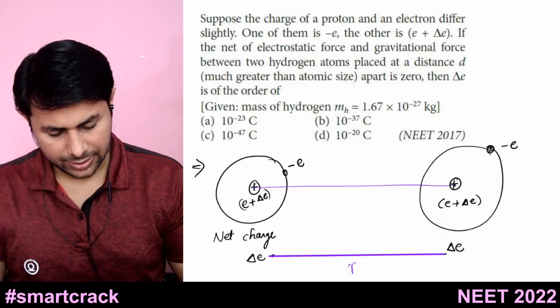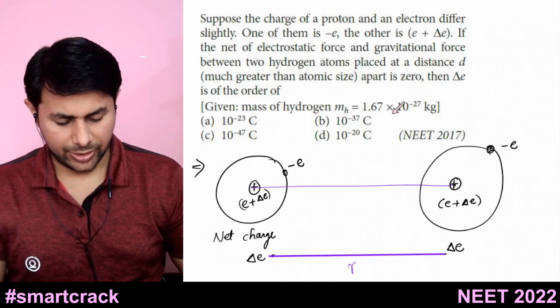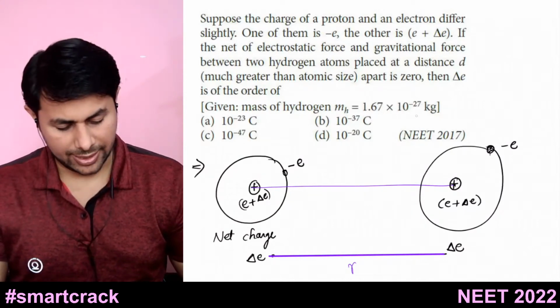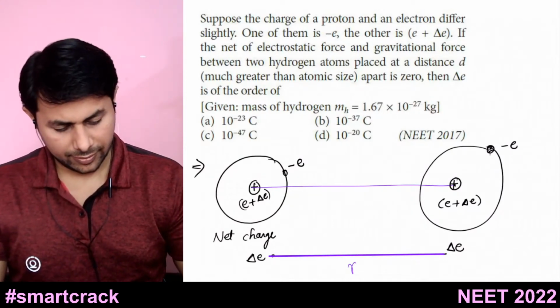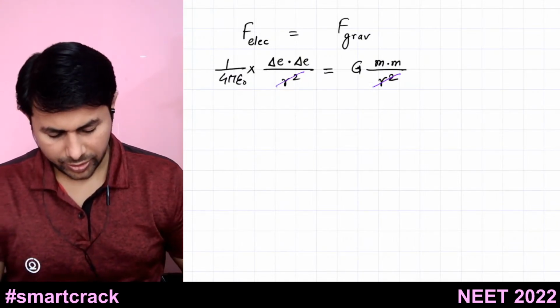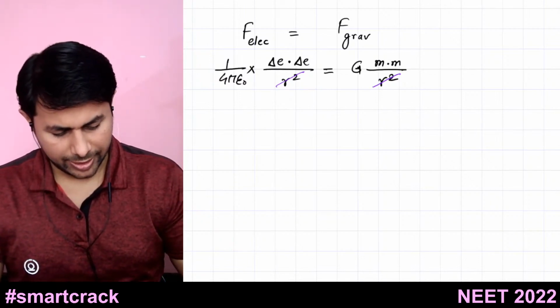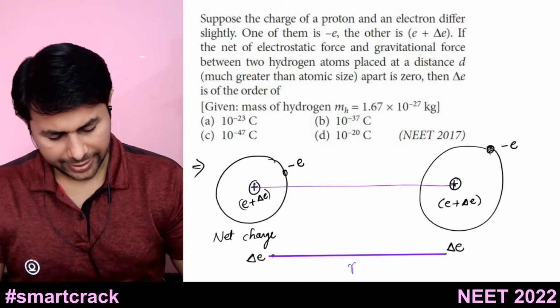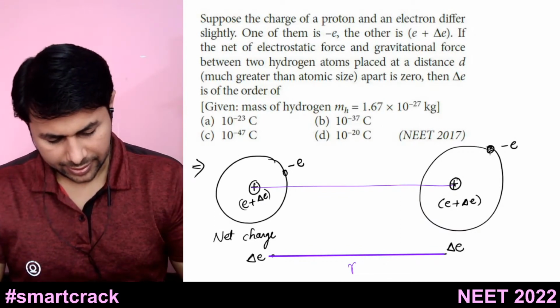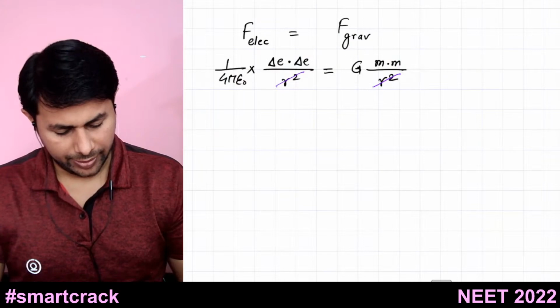And we are given that the mass of a hydrogen atom is 1.67 into 10 raised to minus 27 kg. Let's substitute the values. We want to find out the excess charge, so the magnitude of delta E.